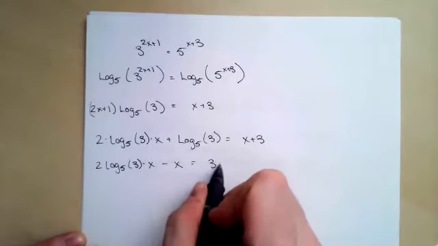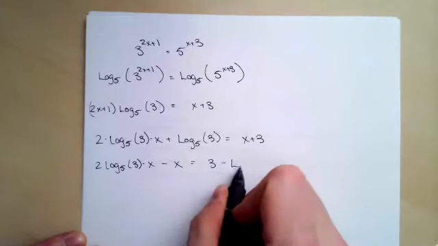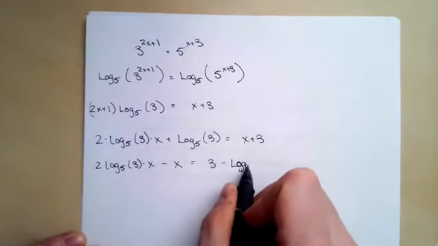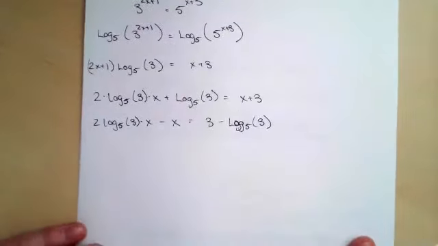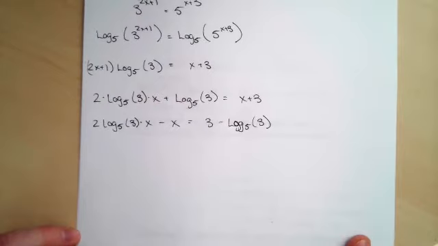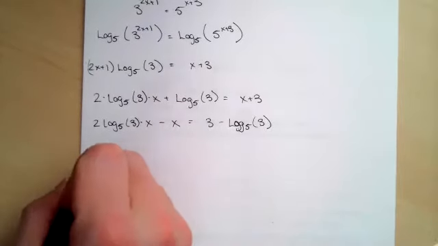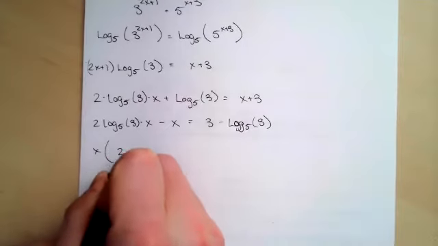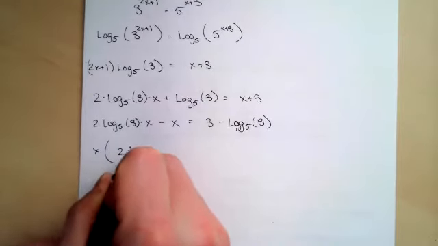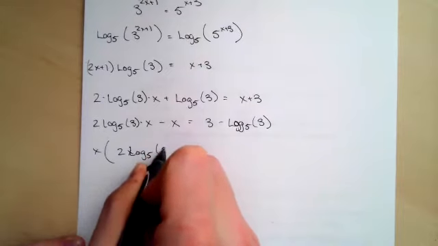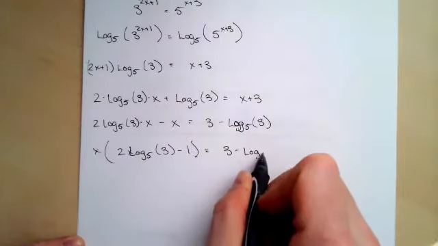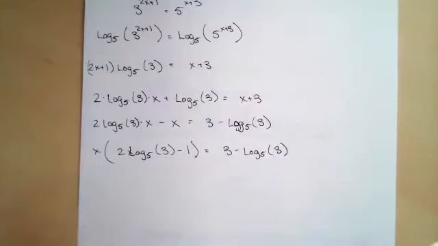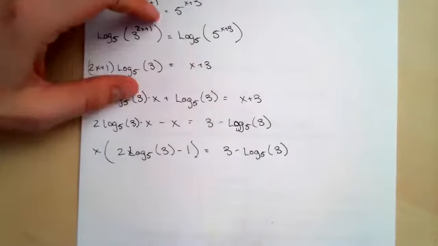And then on the right, I will have to subtract log base 5 of 3. Once we've got all the x's, I'm going to factor that out. So we're left with 2 times log base 5 of 3 minus 1 is equal to 3 minus log base 5 of 3, and then divide.